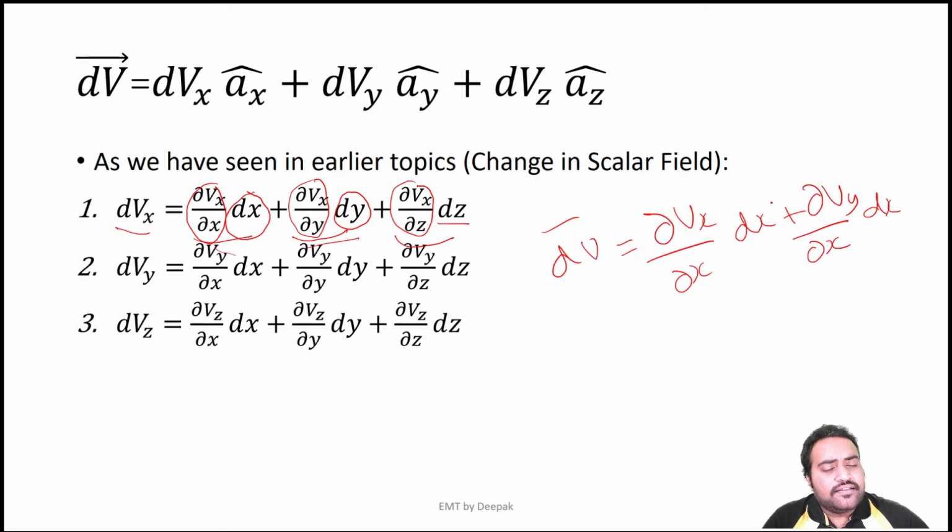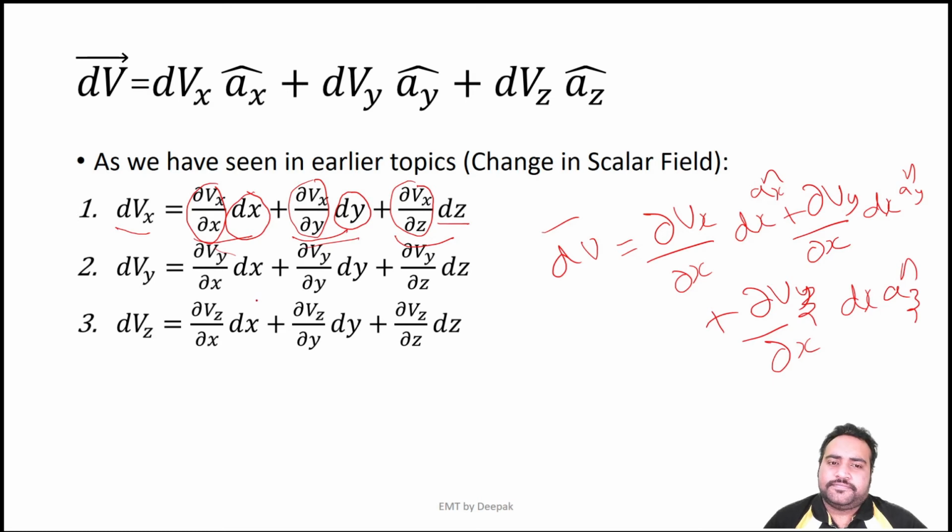This is along Ax cap, this is along Ay cap, plus dou vz by dou x dx along Az cap. This is the change in the vector field if there is displacement only in x.